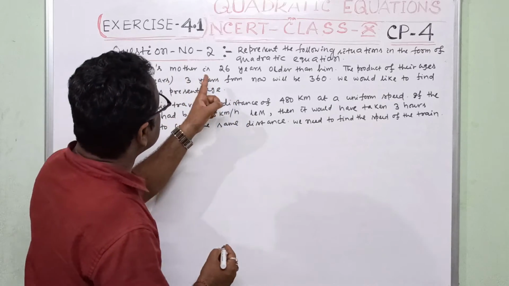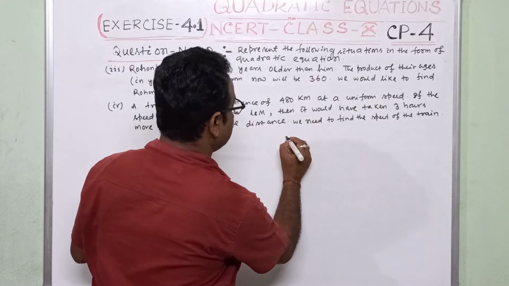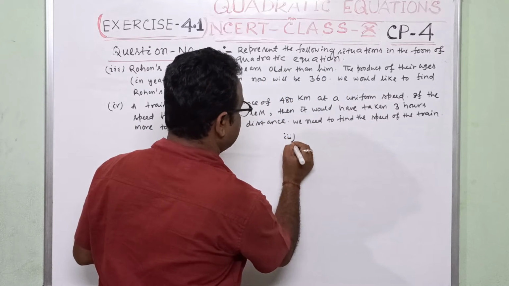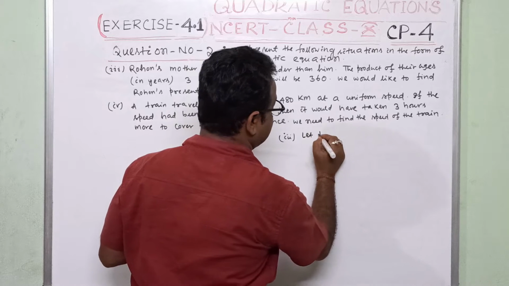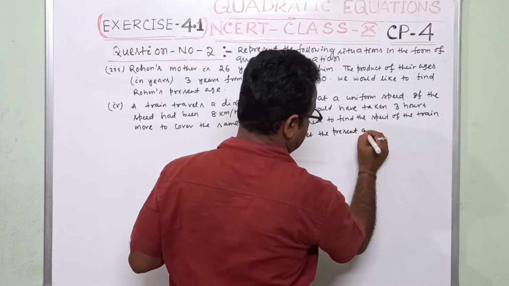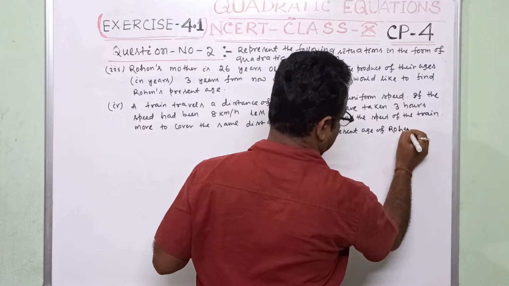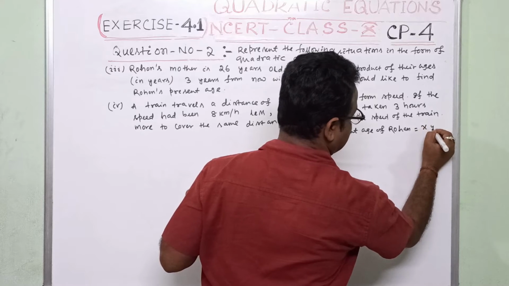See, Rohan's mother is 26 years older than him. So let the present age of Rohan be x years.